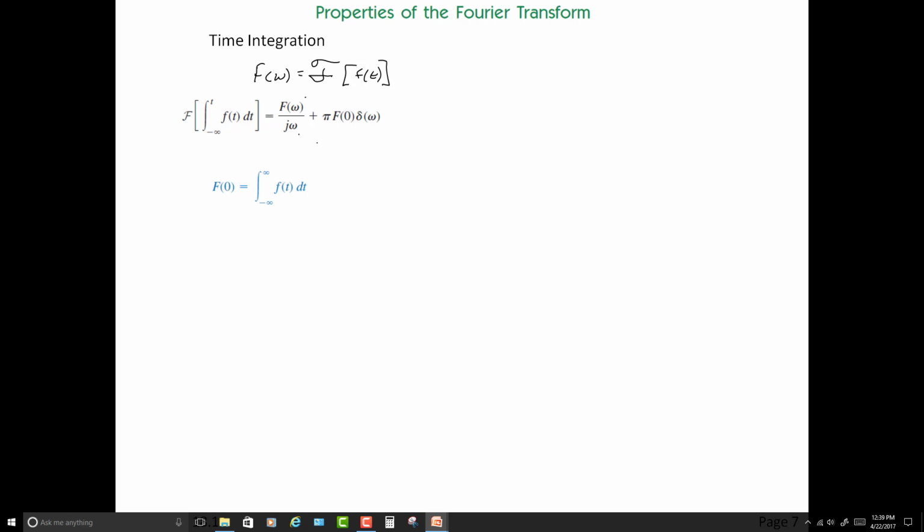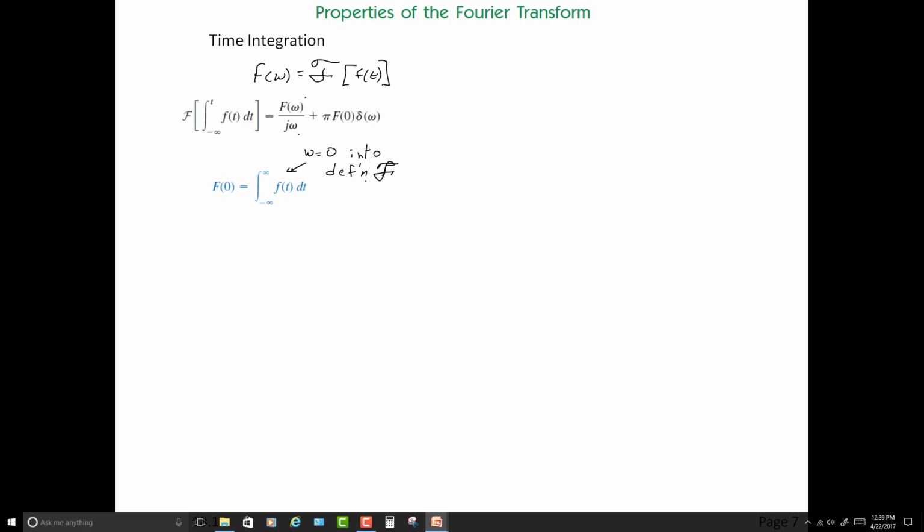All right? So one thing we can observe, if we go back to the definition, this is the result of putting omega equals 0 into the definition of the Fourier transform. Remember, that was f of t times e to the minus j omega t dt.